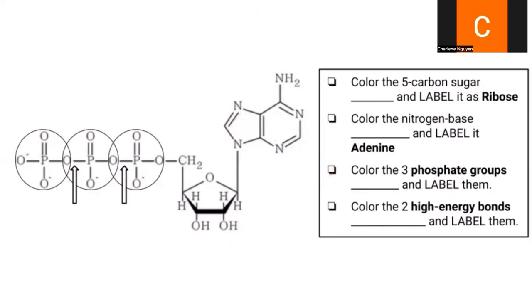Next, we have our three phosphate groups. Your three phosphate groups are referring to these over here. So choose a color, a lighter color preferably, and color your three phosphate groups. These are your phosphate.